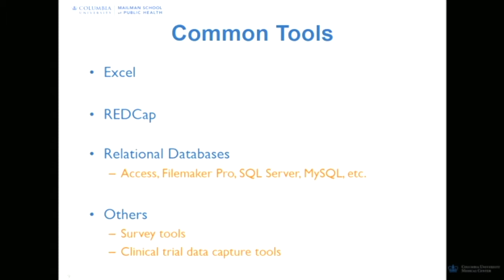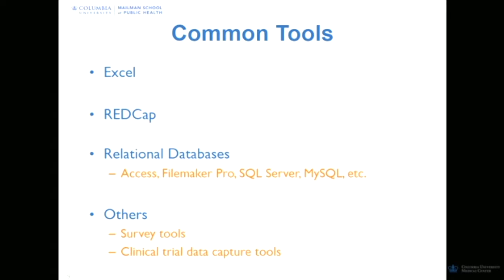So the tools that come up most common when people are talking about research data management tend to be Excel, REDCap, and databases. And for those of my students who are here, they would tell you that I would never give up an opportunity to talk about Excel and warn of the dangers of it.